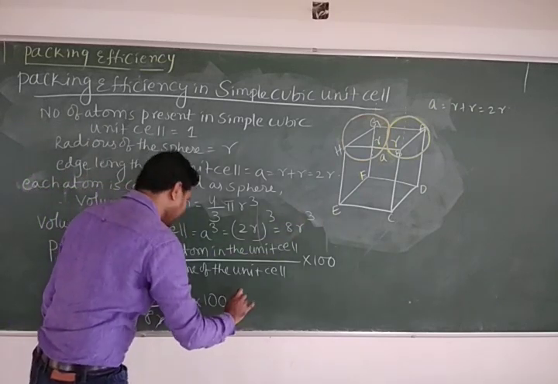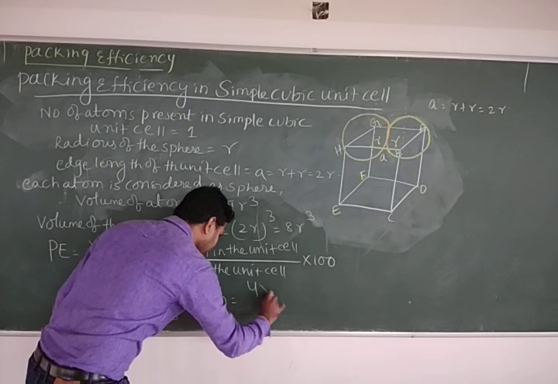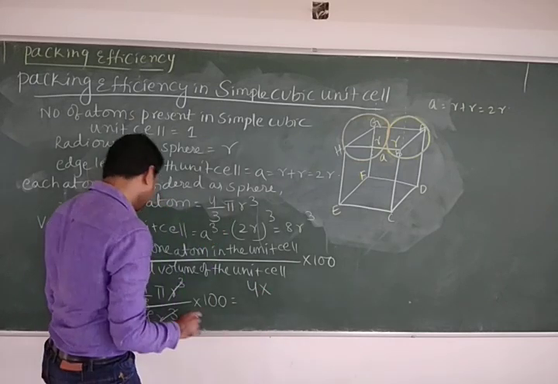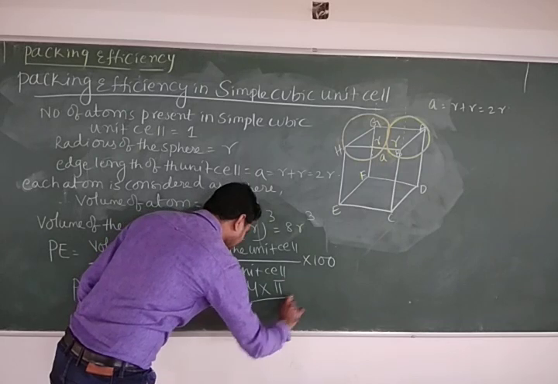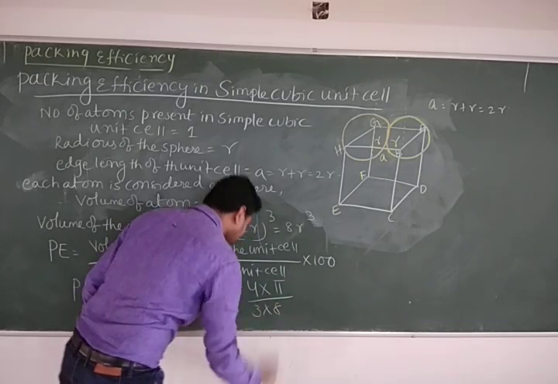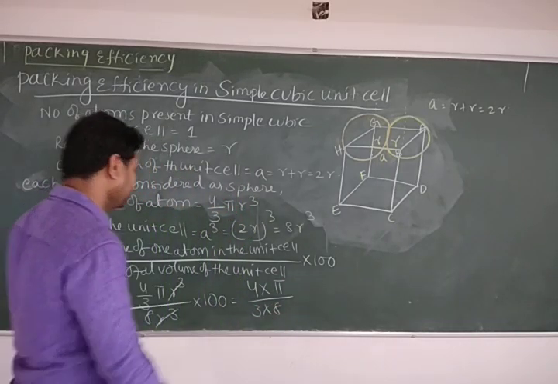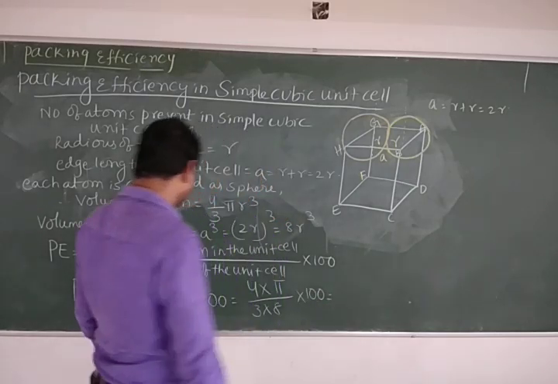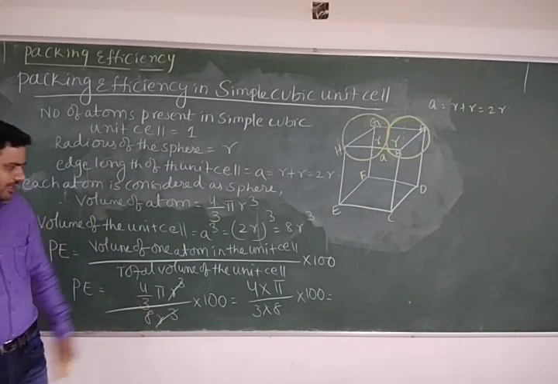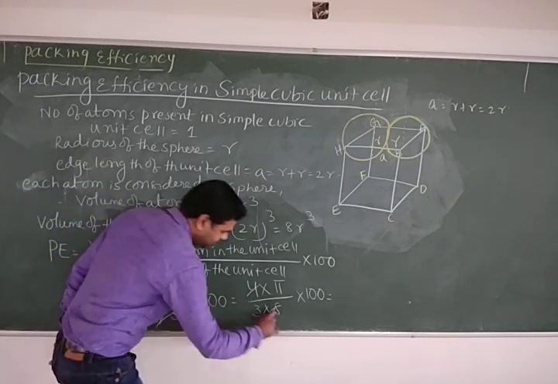It becomes 4 by 3 into 8, into 100. So 4 by 3 into 8 by 100, and now 4 1 4 2 ja.